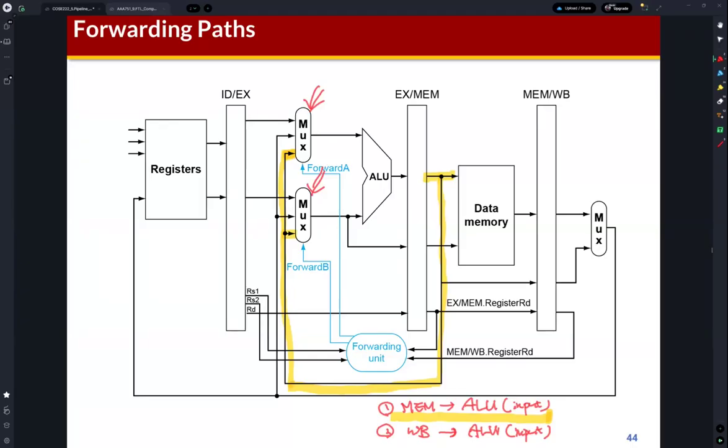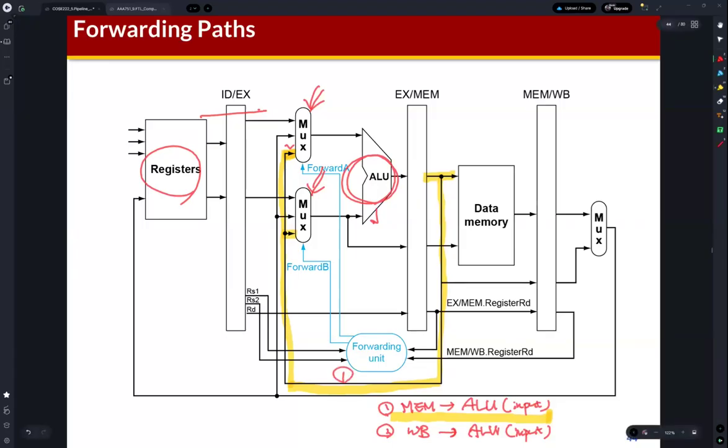Because this is the ALU, and the ALU can receive data from the register file, right? And also the ALU can receive data from the forwarding path. If the forwarding is required, then we need to select the data from the forwarding path, right? And this is forwarding number one, okay?